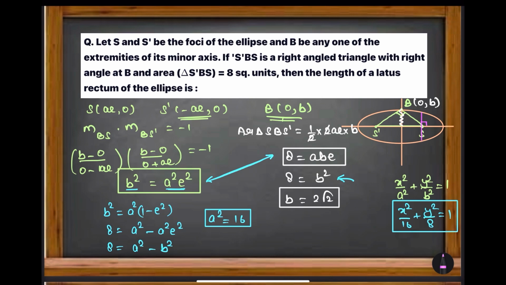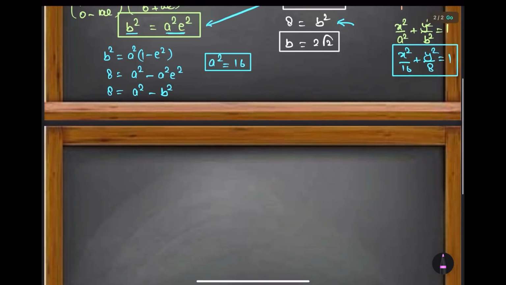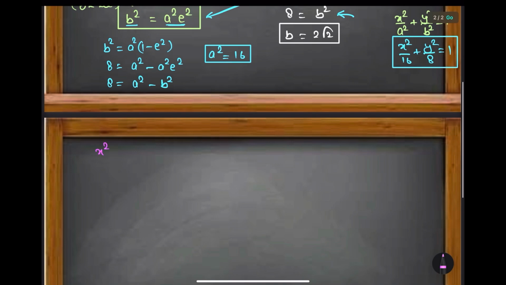So the focus means (ae, 0). The equation of the curve is x square by a square plus y square by b square equals 1, and the focus is (ae, 0). So the x coordinate will remain the same, ae. So can I write a square e square by a square plus y square by b square equals 1?